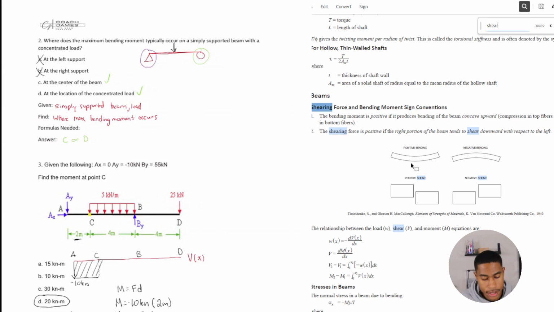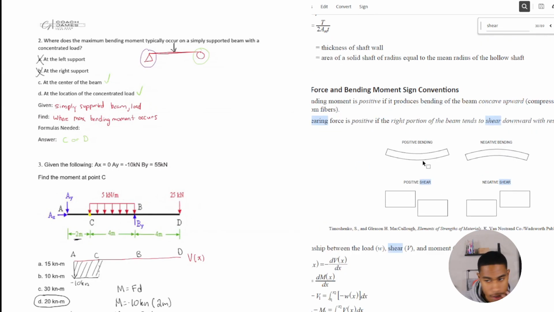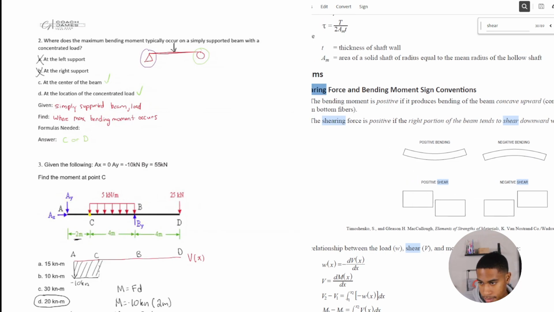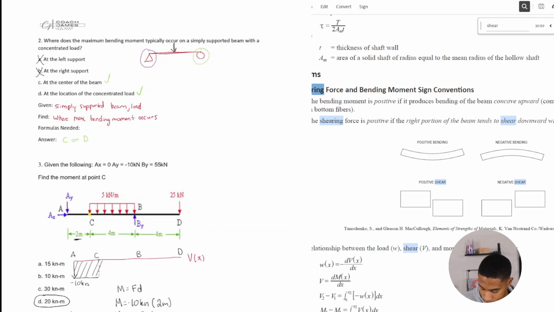All right, so this does help us determine certain things. So if you have positive bending moment, positive bending is typically concave up.